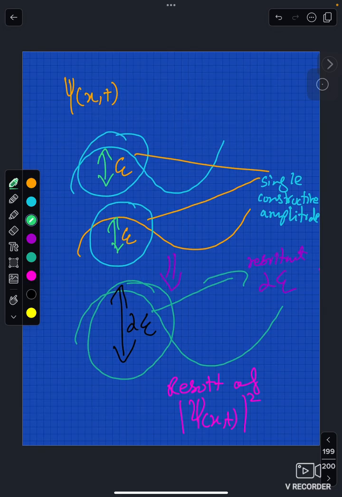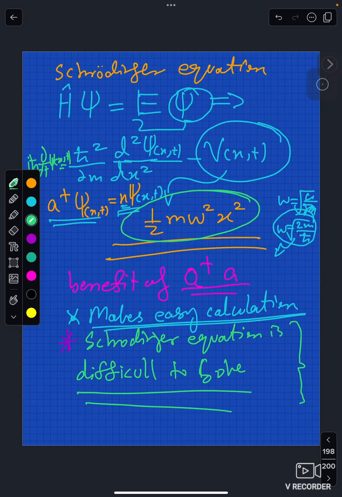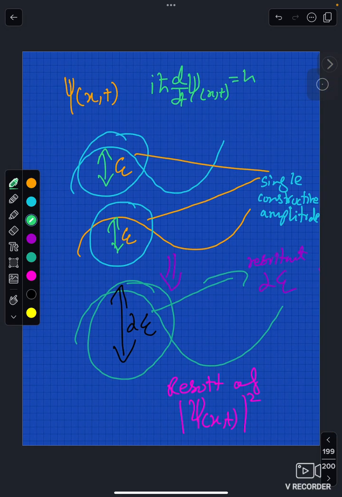This is where i h bar d over dt of psi of x and t equals, I think I added this over here, yes, h bar over 2m and so on. I'll not write it again, it will take a long time.